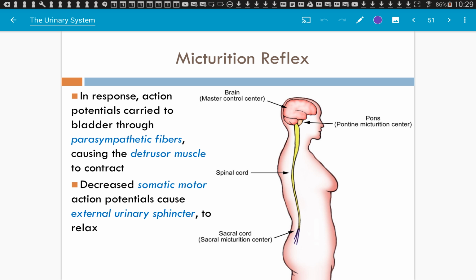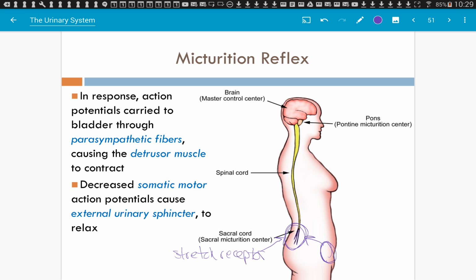In this picture, the sacral region of the spinal cord is where those stretch receptors send their signal. The bladder is really like right here. Those stretch receptors send the signal over there and say, the bladder's filling up. It's time to empty it soon.